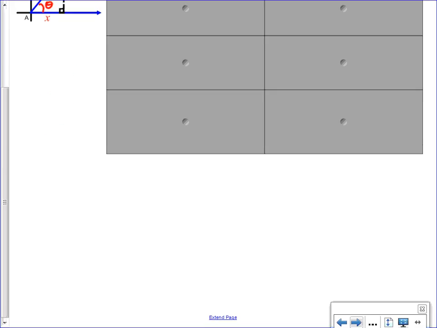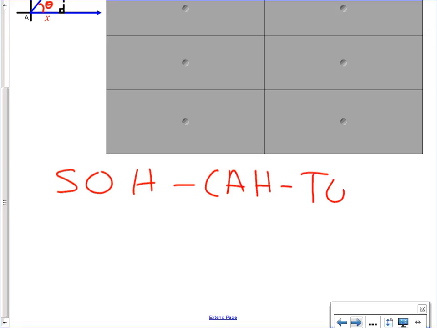In geometry, you heard this word: SOH-CAH-TOA. The S stands for sine, which is opposite over hypotenuse.